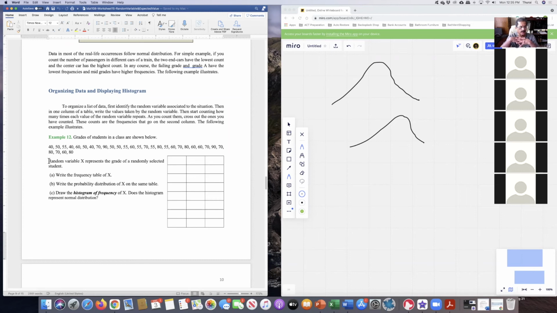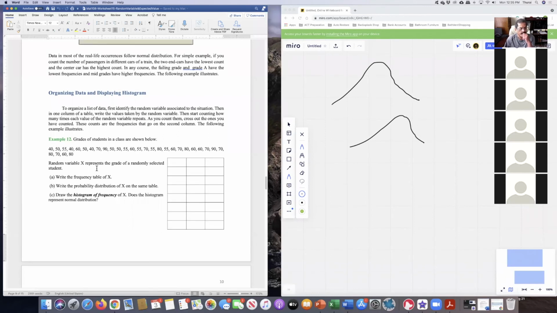So if I select a student randomly, what is the grade of that student? That's what the random variable represents. Remember, in statistics, you have to define the random variable that represents what you're analyzing. Only then is it easy to analyze it mathematically.